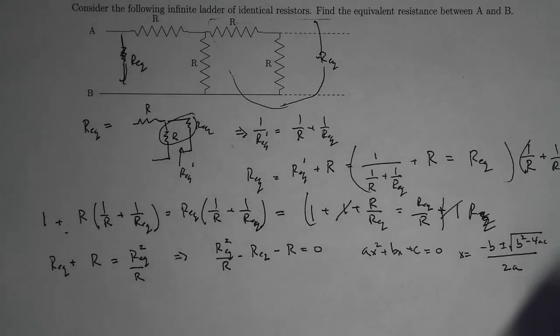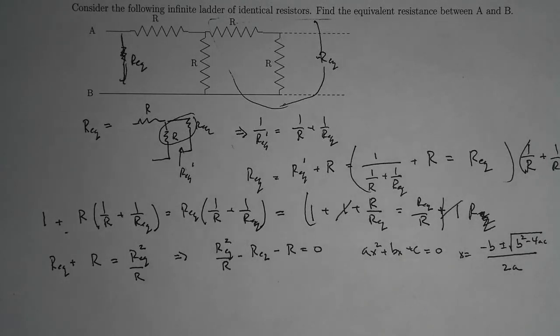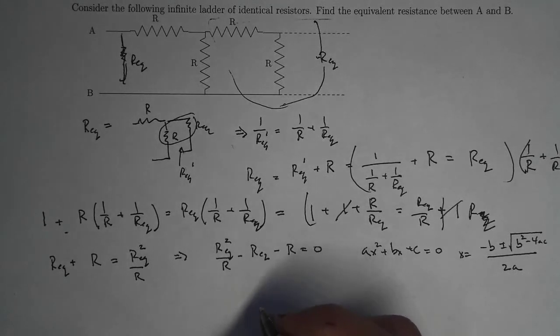You might be disturbed that you get plus and minus here, so you actually get two solutions to this equation, and you should. But only one of them is going to be physically relevant. In particular, one of them is going to have negative resistance, which is physically impossible. So we must choose the one with positive resistance.